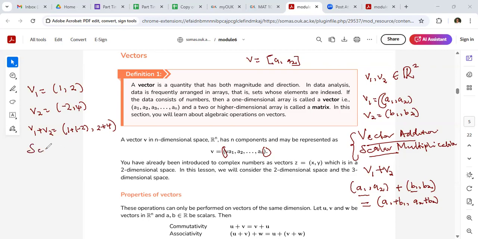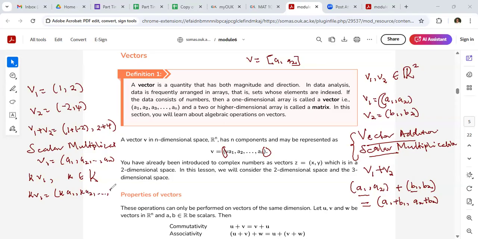How about scalar multiplication? Scalar multiplication is simply whereby you have a vector, say v1, a1, a2 to an, and you want to multiply the vector by a scalar, say k v1, where k is a scalar. Because the scalar could either be complex or real, you represent the field of scalars by capital K. So k v1 here will be k a1, k a2.